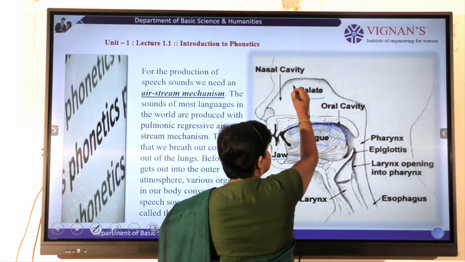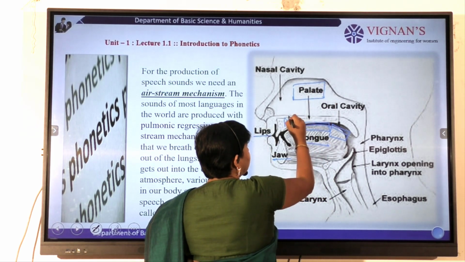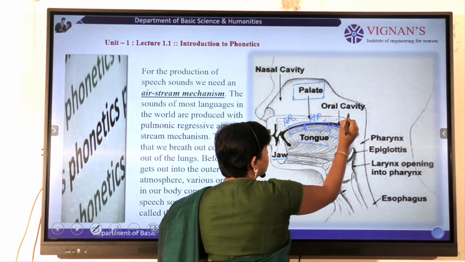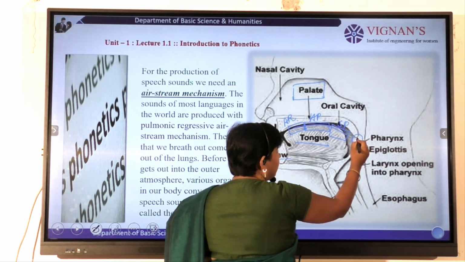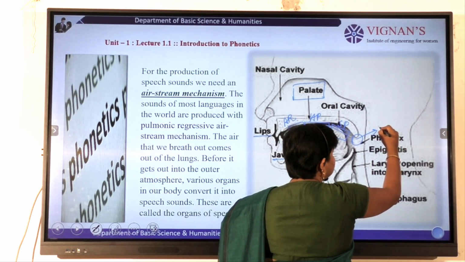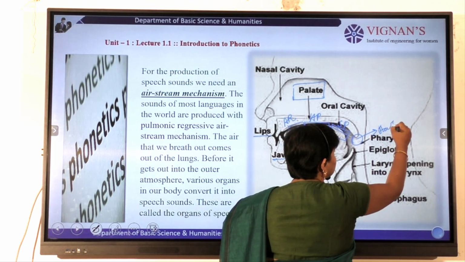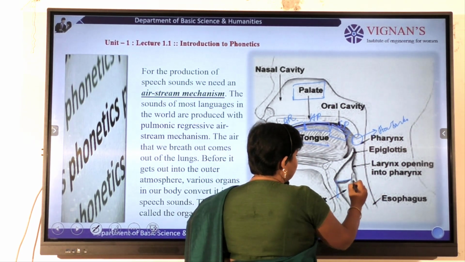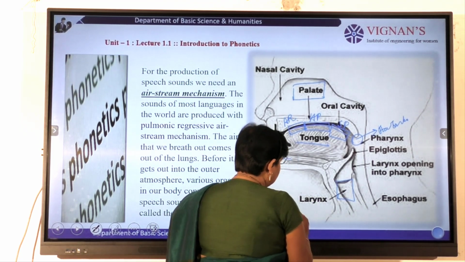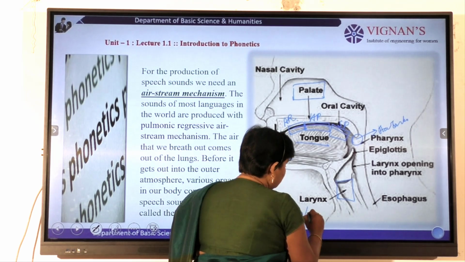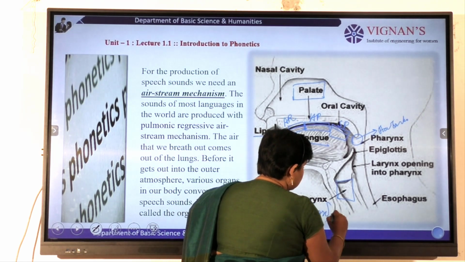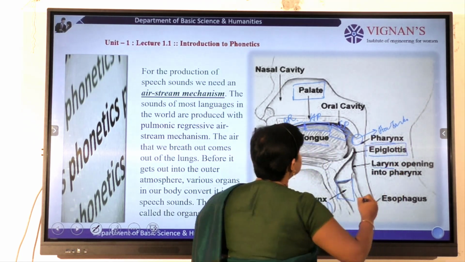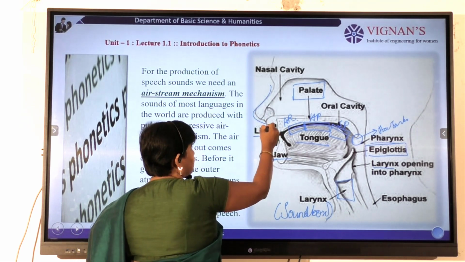The palate is divided into three: alveolar ridge, hard palate, soft palate. You have something called the uvula here, which also helps you in producing a few sounds. And we also have the larynx, which is very important, also called the sound box. And the pharynx and epiglottis and larynx. And this is, of course, the nasal cavity.